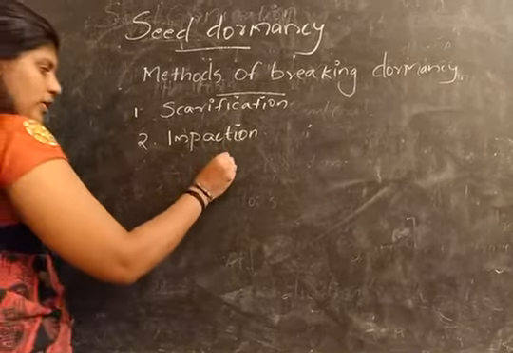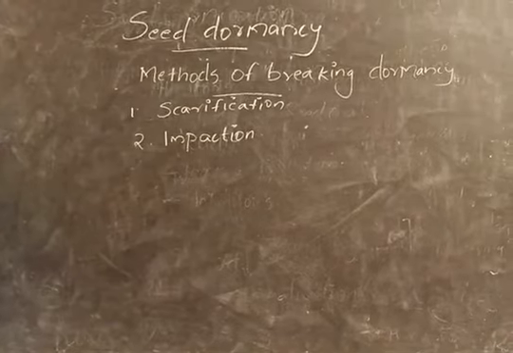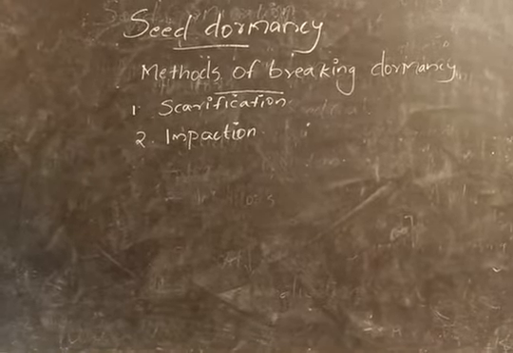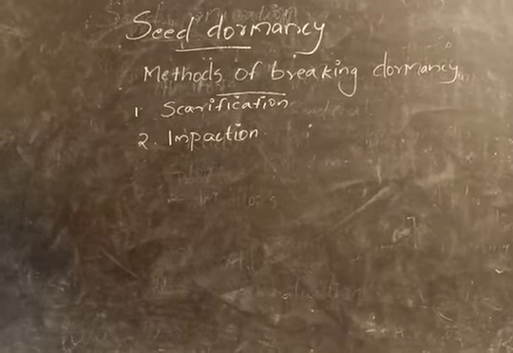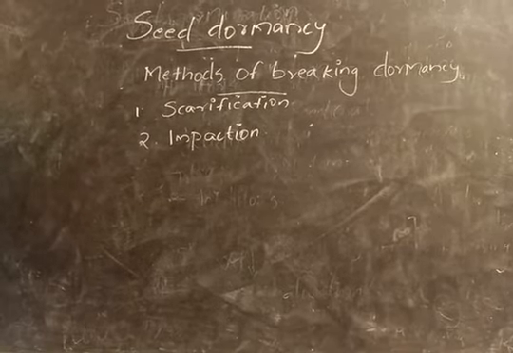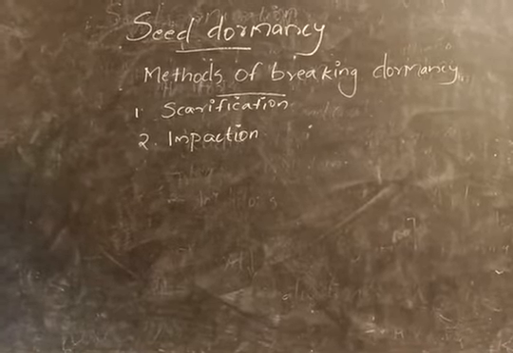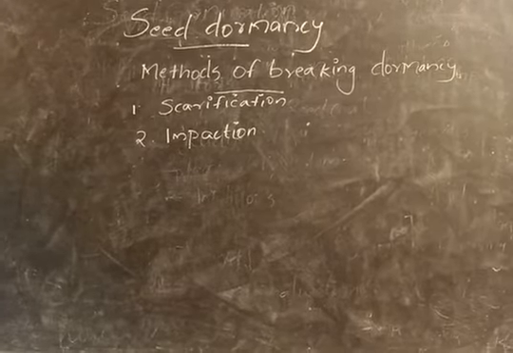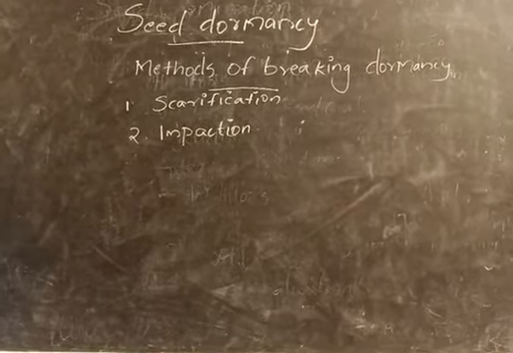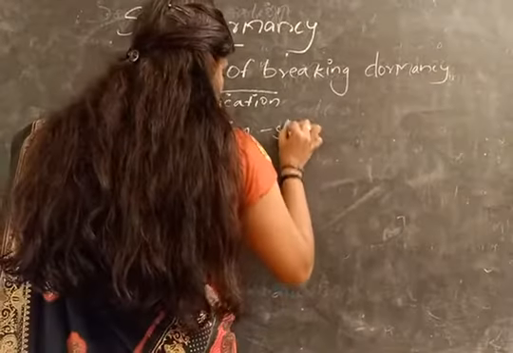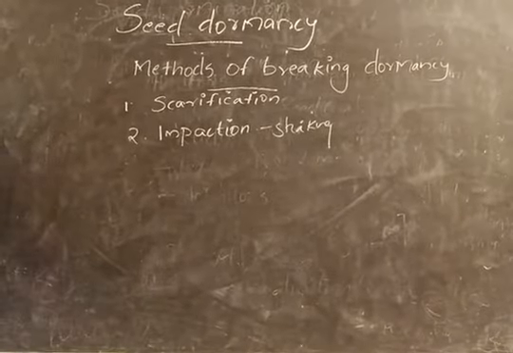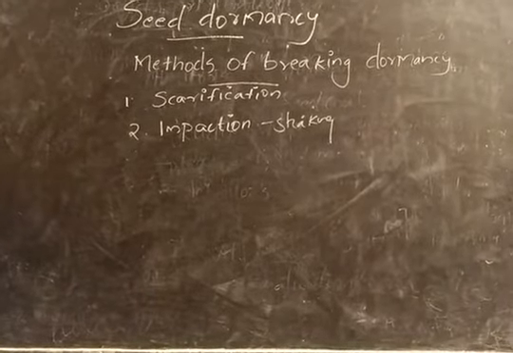We know that water and oxygen should reach the embryo for its development and seed germination. Due to the blockage in the micropyle, oxygen and a sufficient amount of water cannot reach there. This problem can be solved by shaking the seeds vigorously to remove the block. Impaction means shaking.